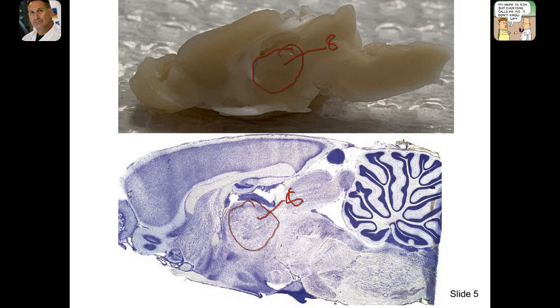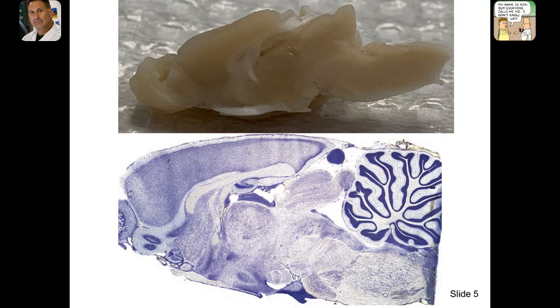Pons. Superior or rostral colliculus. Now, I just want to make a mention, because the rat does not have the mesencephalic flexure that the human has, the proper terms are the rostral and caudal colliculus, but we call them superior and inferior, even though they are not superior and inferior to each other.